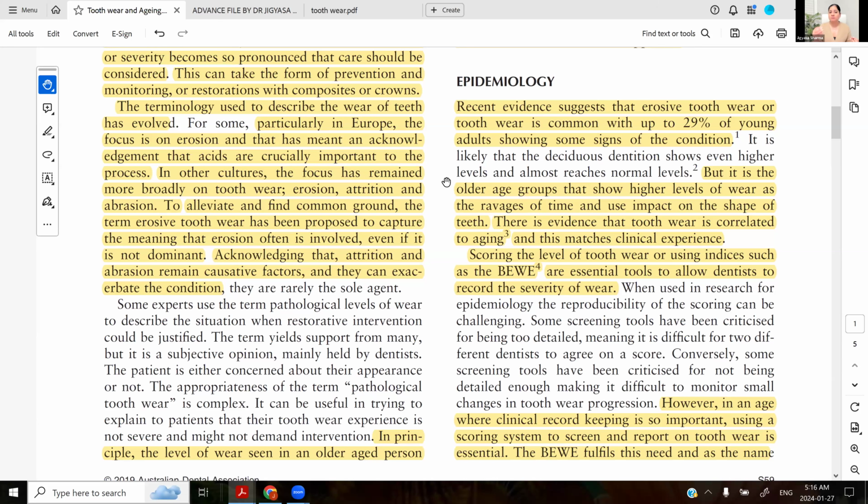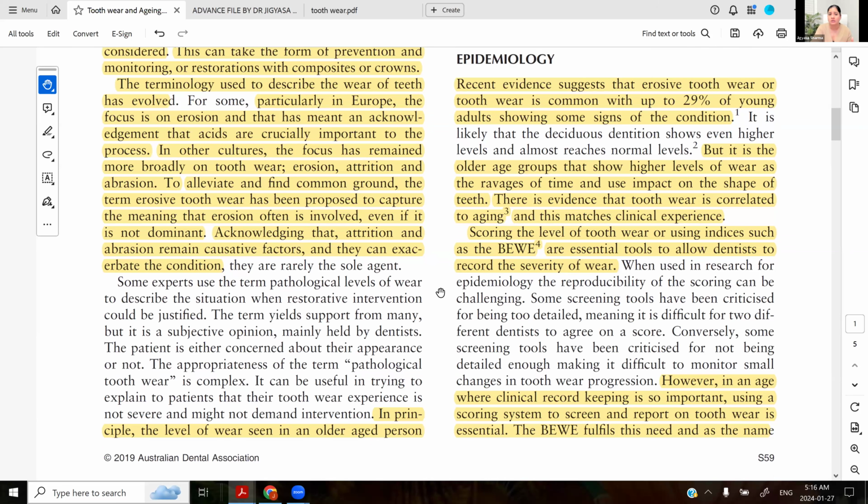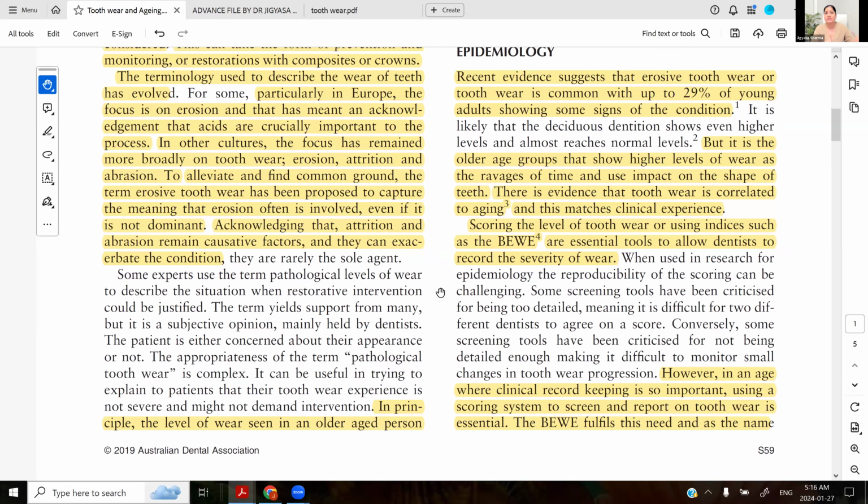So the terminology which is used to describe the wear of teeth has evolved. Now, especially in Europe, the focus is on erosion. As we read in Sturdivant as well, the underlying cause is mostly erosion, and then abrasion and attrition only exaggerate it. So softening is happening through the dietary acids.